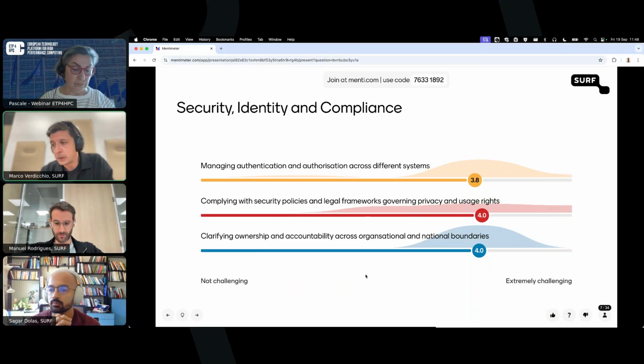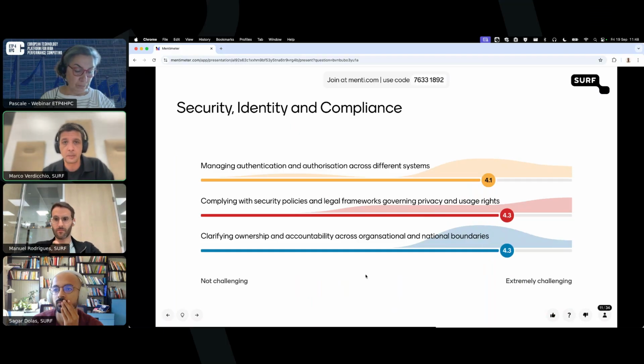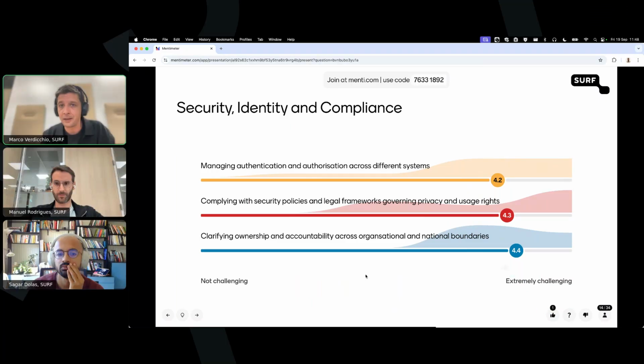Especially important for workflows that span systems across different countries with different policies and also legislation for data usage and access.